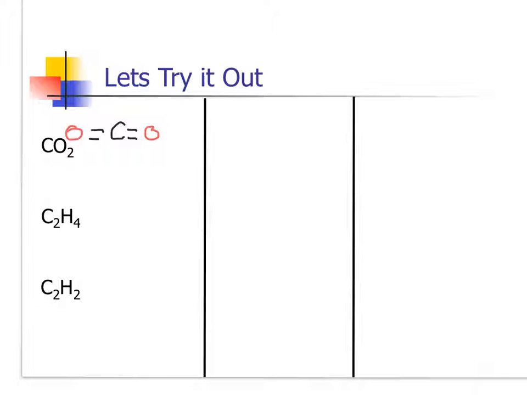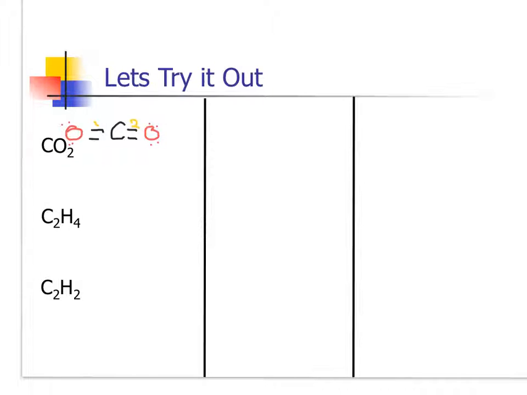I'm still going to draw my other dots around oxygen because they do have an effect on things. But what I see here is that I have only two regions. I have one region, two regions. They just so happen to be double bonds, but it's just a region of bonding.